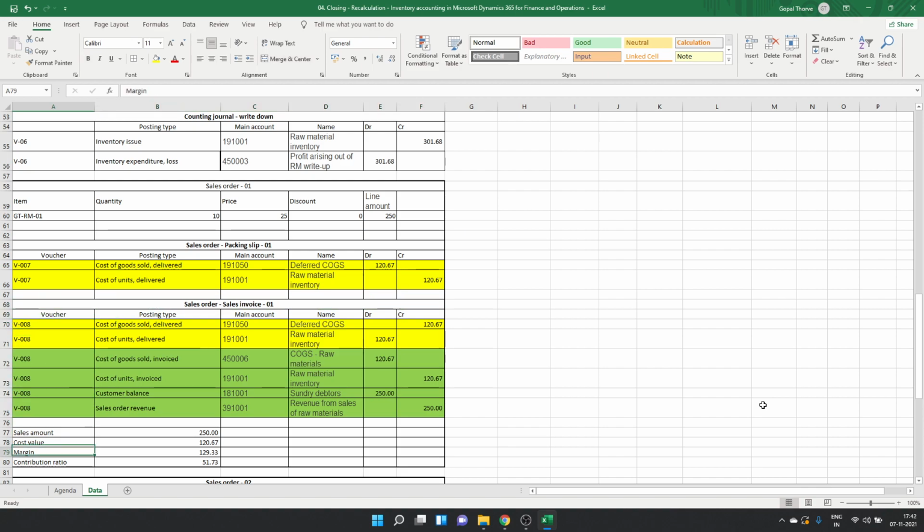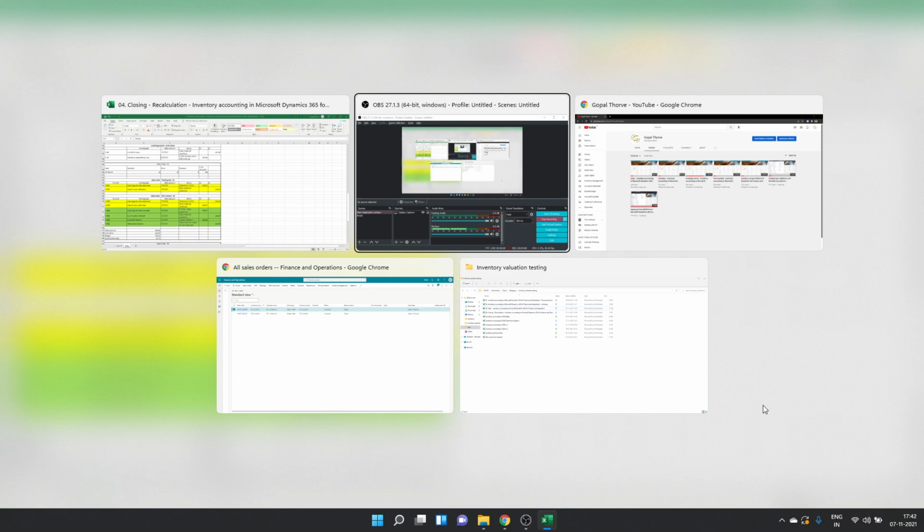This margin calculation you can analyze at the time of posting of sales invoice also by going to the totals form and clicking the invoice tab. Right now I have posted both the invoices, so I will analyze the same thing from the posted invoice journal.